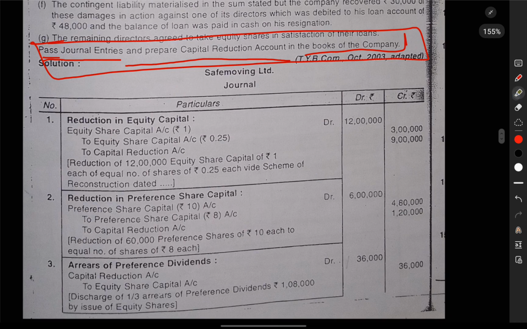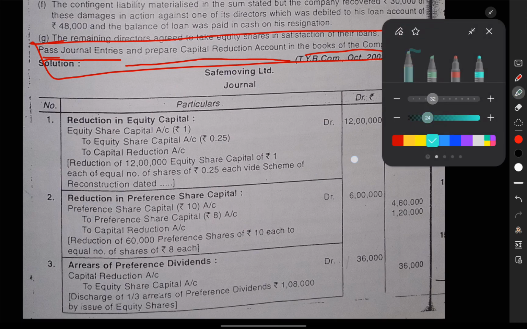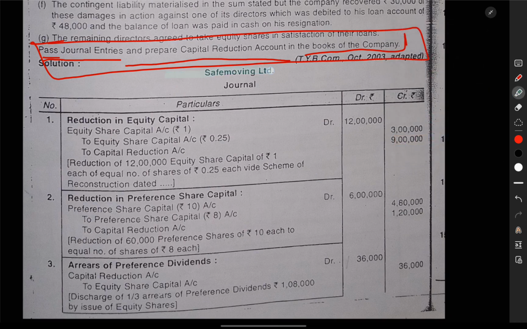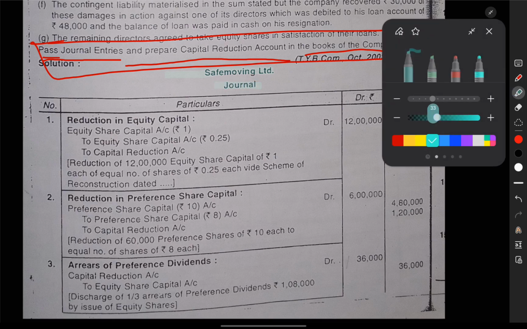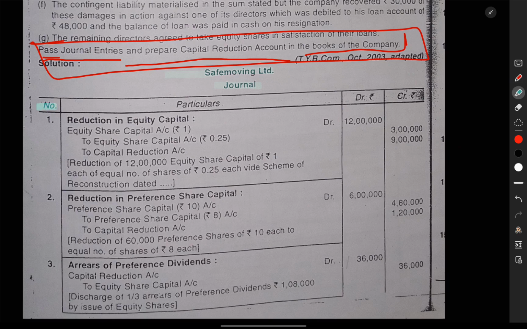So first, prepare journal entries, Safe Moving Limited journal entries with numbers, particulars, debit rupees and credit rupees column.